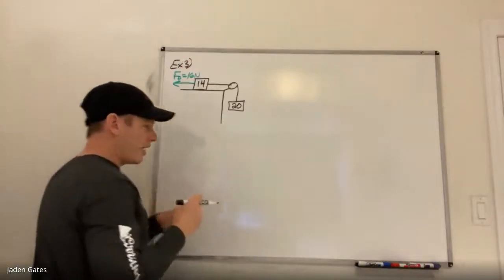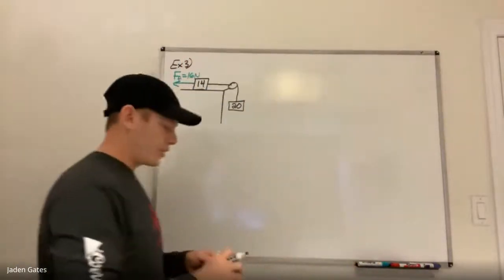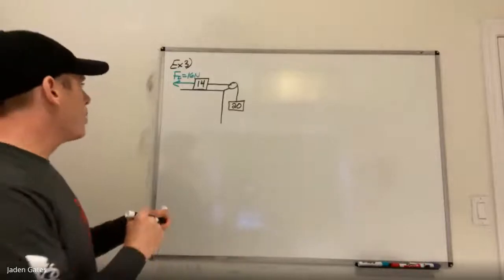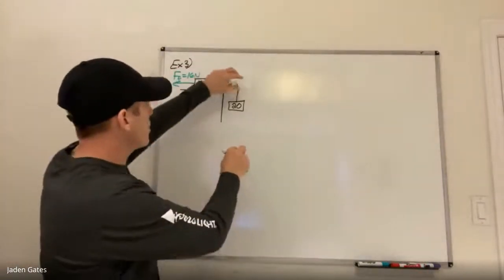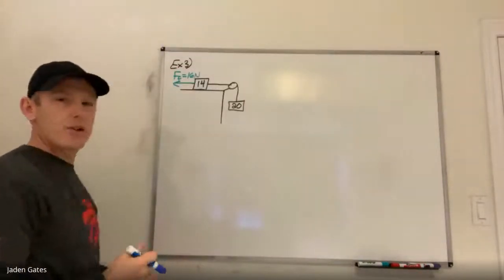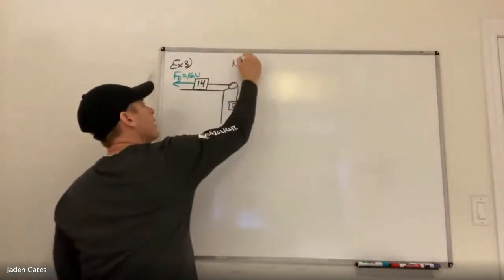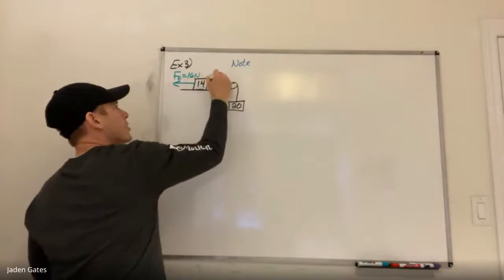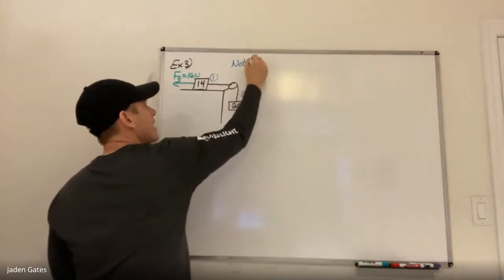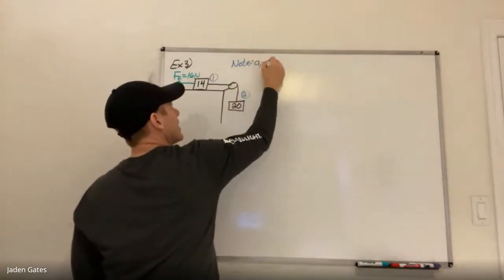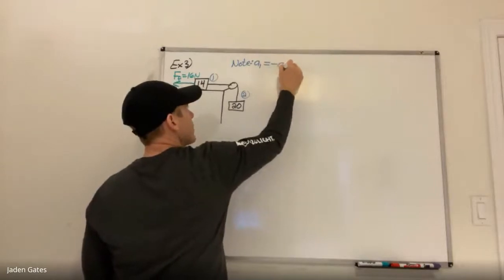All right. Now, when I look at the situation here of these two masses, most likely our 14 is going to move to the right and our 20 is going to move down, which means, again, I'm going to call this my first object and this my second, that A1 is equal to negative A2.